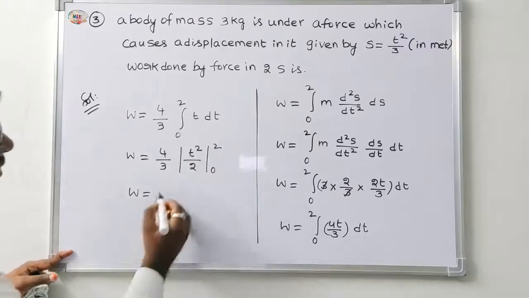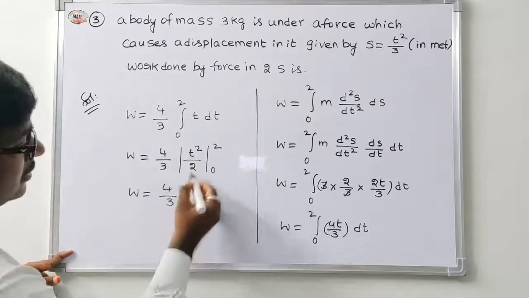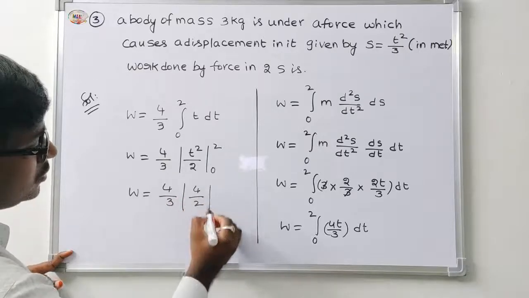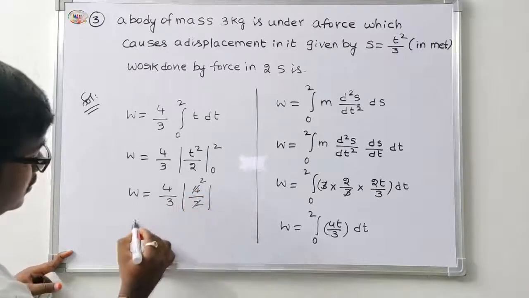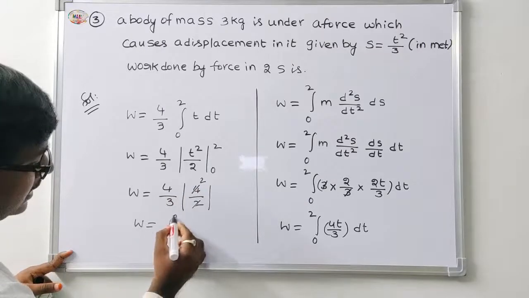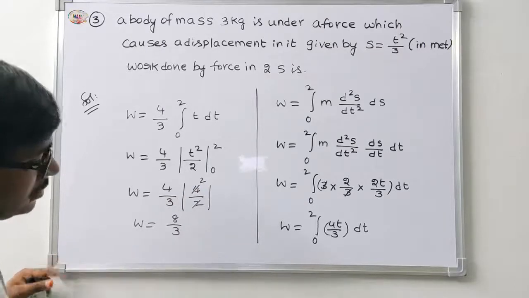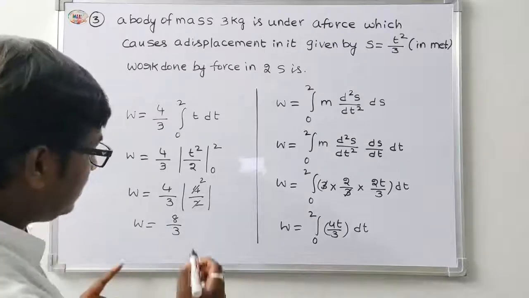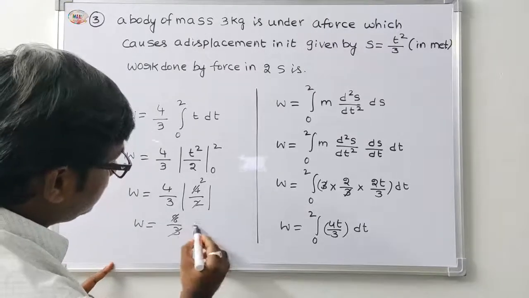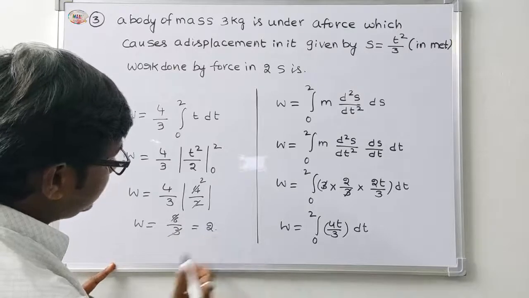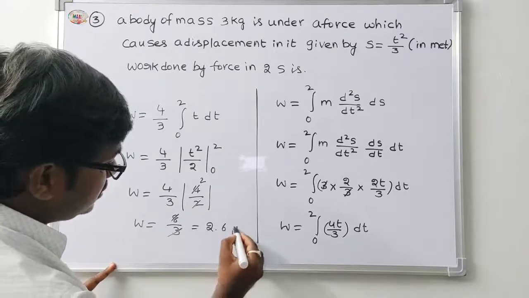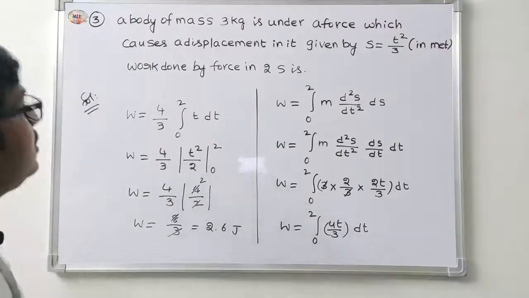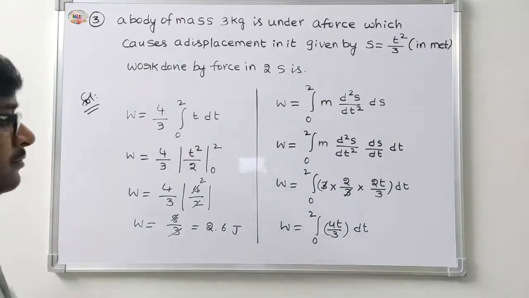The work done is equal to 4 by 3 into 2 square, 2 square is 4 by 2, 2 ones are 2, 2 twos are 4. Work done is equal to 8 by 3, okay, 8 by 3. Dividing these two, that value is 2.6 joule. This is the third problem.